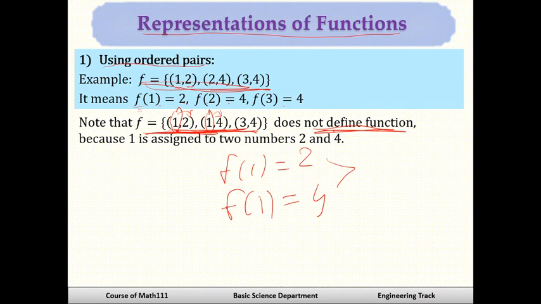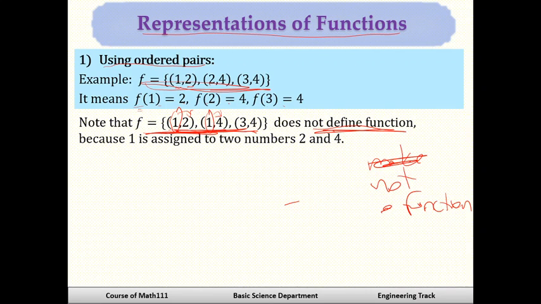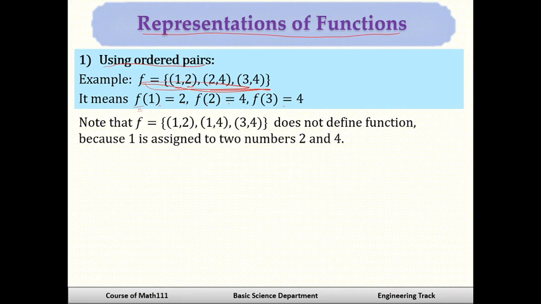So this doesn't make a function. Like the prices, the price of one thing cannot be two. You don't have two prices for one item. You have to have only one price for each item. So this doesn't make a function because 1 is assigned to 2 and 4, which is not wanted in a function.